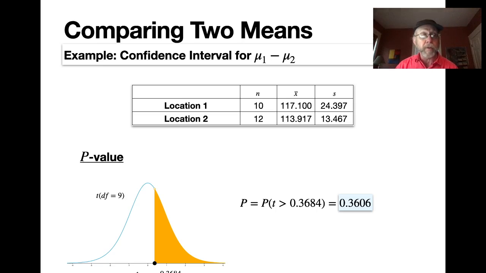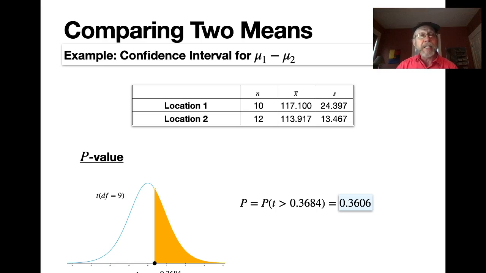That's 0 here. It's the middle of our graph. Test statistics that argue against the null and in favor of the alternative are test statistics that are bigger than 0, right? Because our alternative is that the difference in the means is bigger than 0.